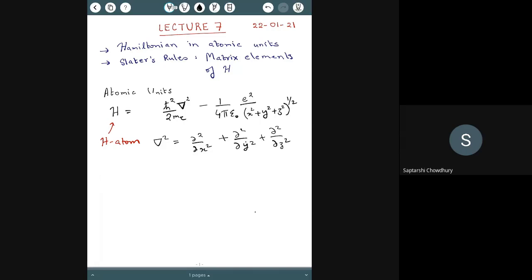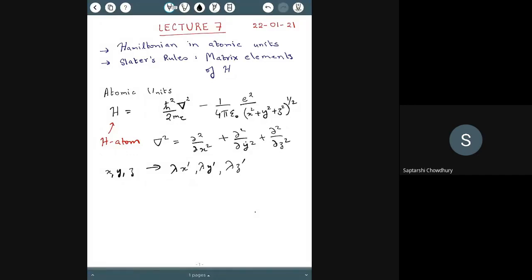Now, what I want to do is, of course, to remove the units from x, y, and z. I don't want x, y, z to be in centimeters or meters or anything. So what you do is you scale x, y, z with a factor lambda, and we shift the units from x, y, z to lambda.